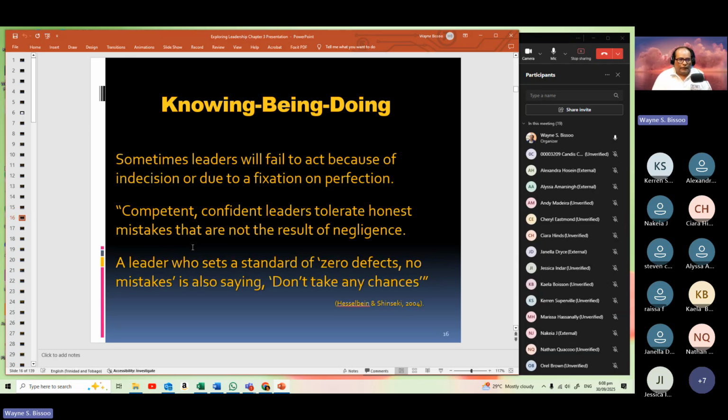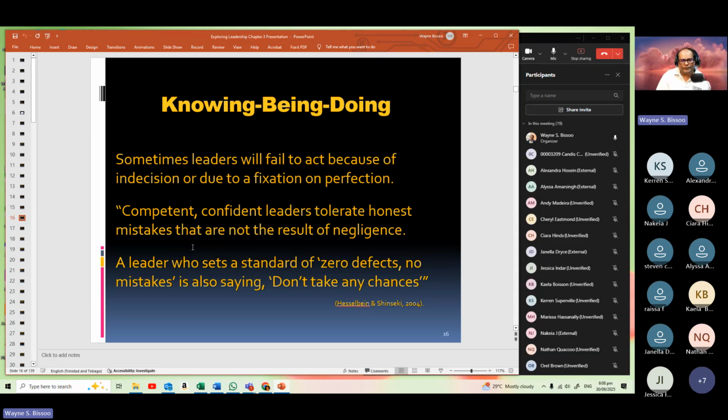All right. We have something that happens here with the doing part too, and it talks about a fixation on perfection. Now, some of us who suffer from OCD, for example, have this fixation on perfection. We can't do things if we don't have everything ready, if it's not perfect.